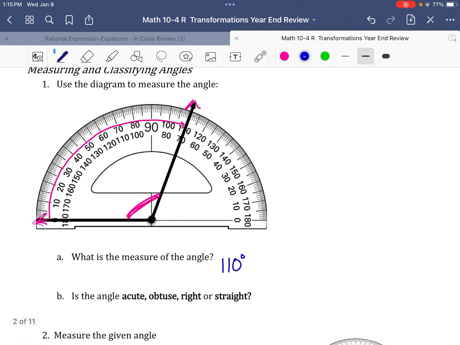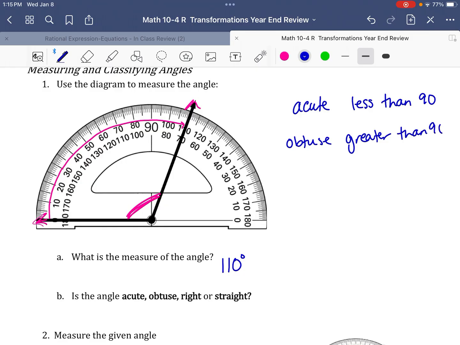Now acute angles are less than 90. Obtuse are greater than 90, but less than 180. Okay, so we've got acute, obtuse.